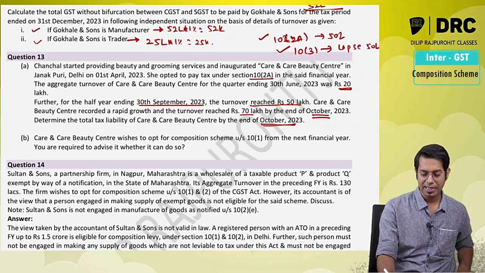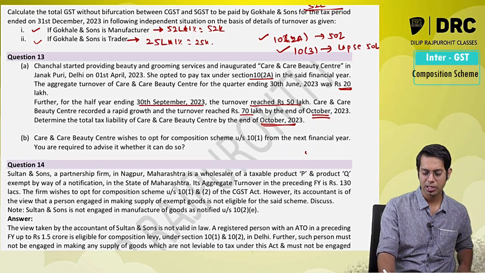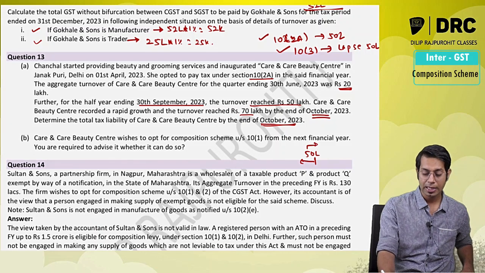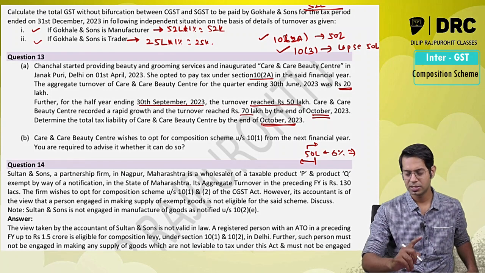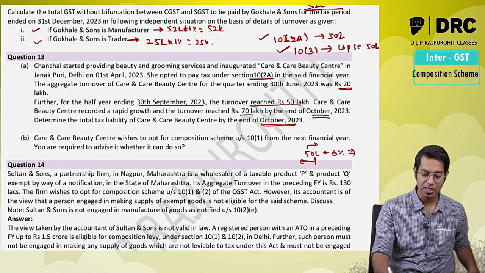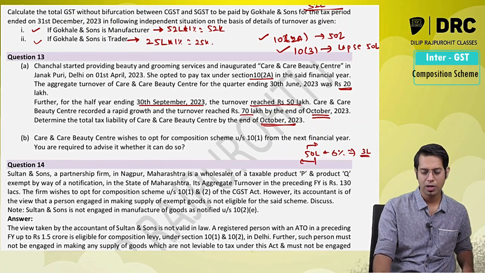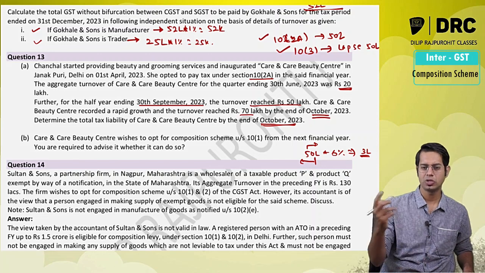In the present case, since the turnover has reached 50 lakhs in the month of September, till the month of September whatever supplies are made by Care and Care Beauty Center will be taxable at composite rates, that is 3% CGST and 3% SGST on turnover in the state, which will be equal to 3 lakh rupees. Why is it 3 lakh? 50 lakhs into 6%.